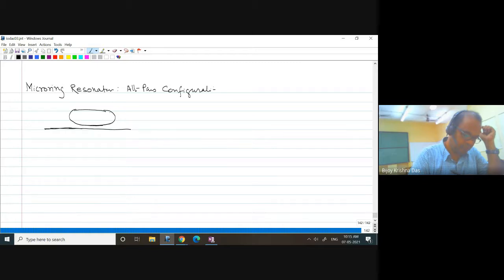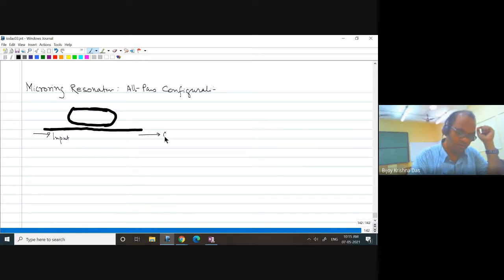Maybe a little bit thicker would be better, just to give a picturization of the waveguide. This is the all-pass configuration, and we can consider this is the input, and this is your output.